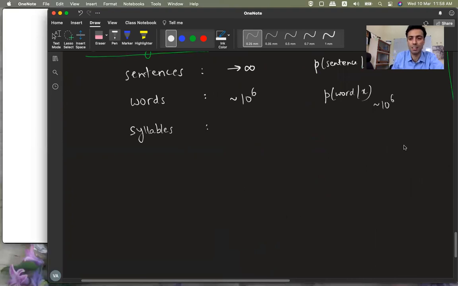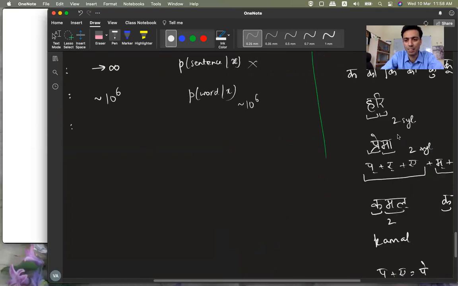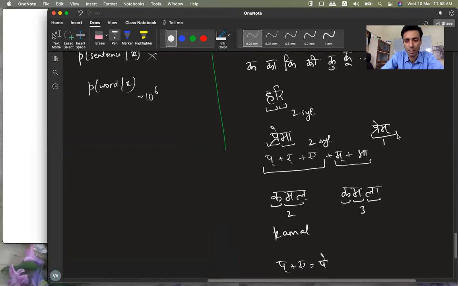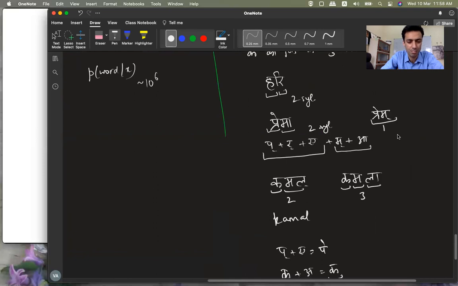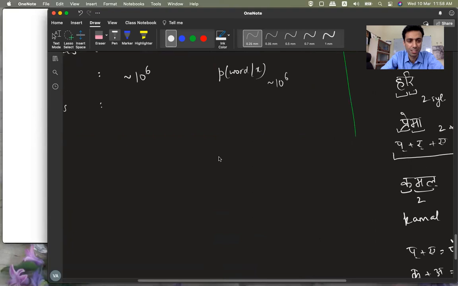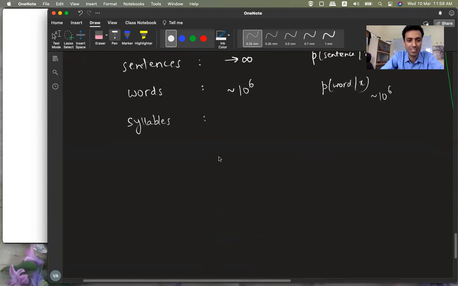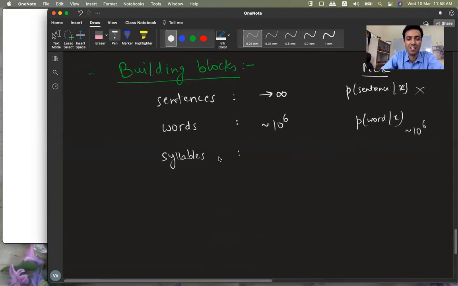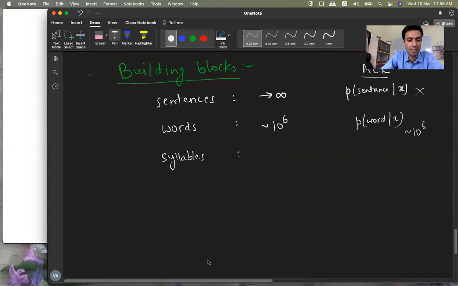Let us say, does anybody know how many alphabets there are in Hindi? Exact number, 42 or something? Can somebody do a quick Google search and tell me how many alphabets there are in Hindi?